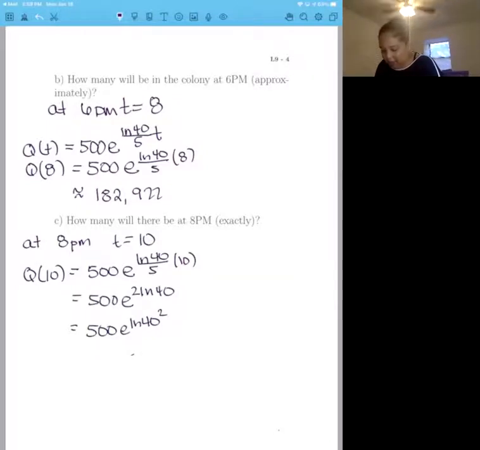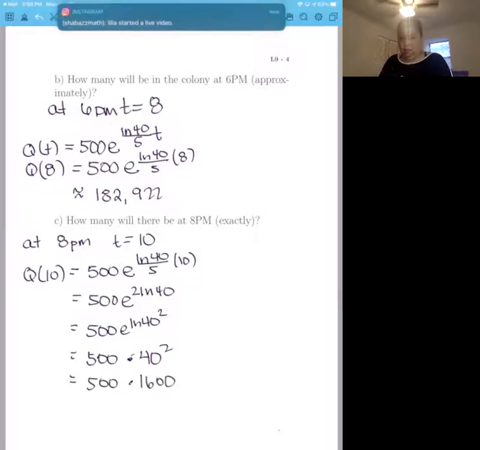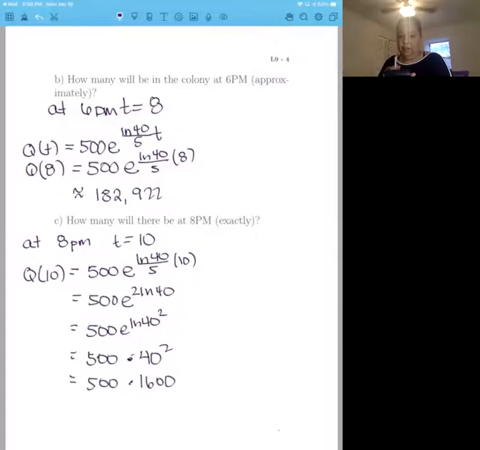So that is the same thing as 500 times 40 squared. 40 squared is 1600. So I have 500 times 1600, and that is 800,000.